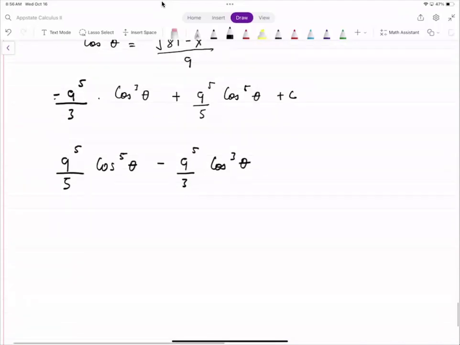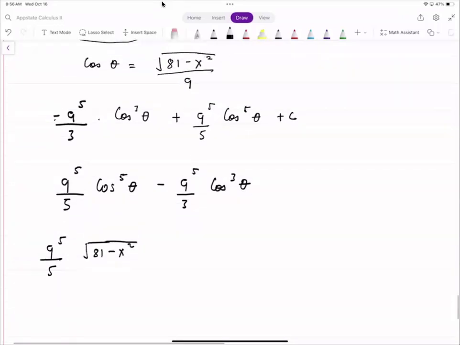Now we can replace cos theta. So now we have 9 to the fifth divided by 5 times the square root of 81 minus x squared divided by 9, all to the power 5. Okay?